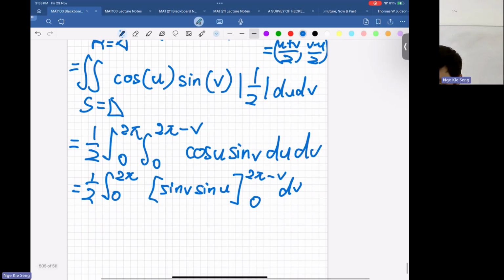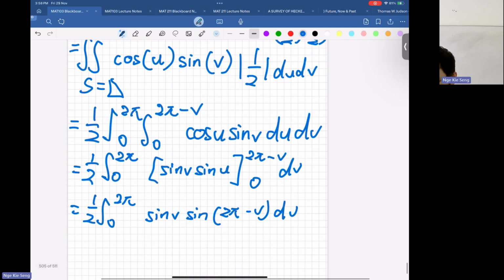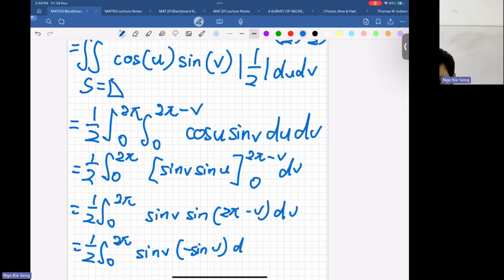Next we get sine v times sine of (2 pi minus v), but this is just a shift of sine. If you shift it by 2 pi, you get a minus sine v, because sine is odd.